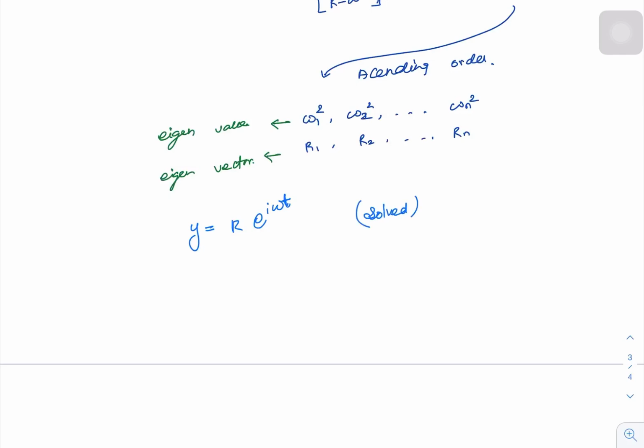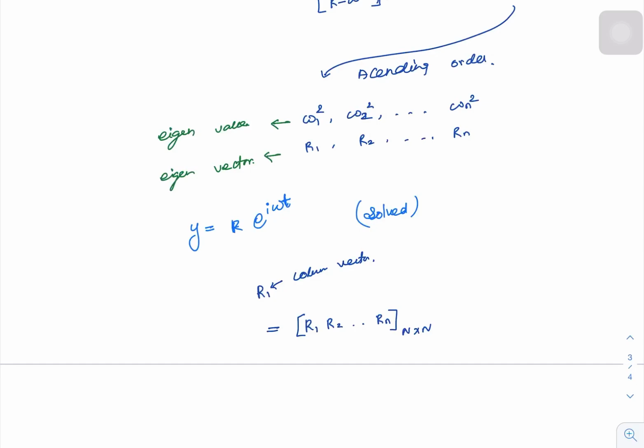In this case, what I am claiming is that this r1 is a column vector. I am writing r1, r2, up to rn as columns, which will be an n into n matrix.